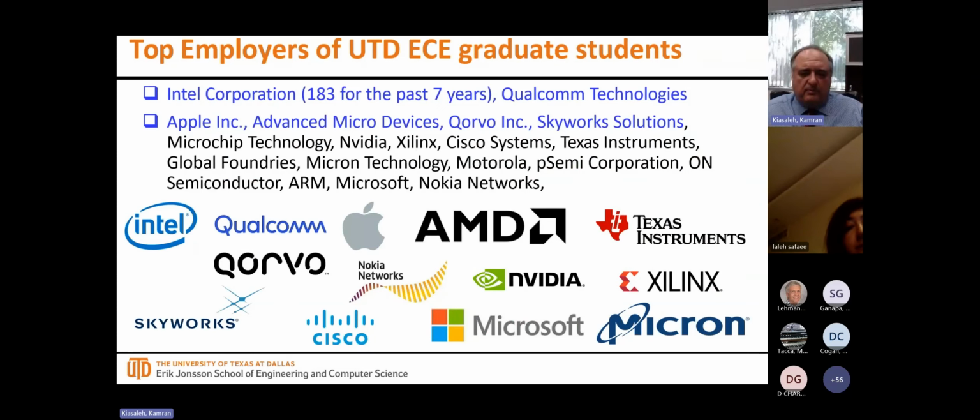Texas Instruments is one of the biggest employers here. I have almost 3 of my PhD students at Qualcomm now. So we are not necessarily graduating people who find jobs locally, but they find jobs everywhere in the country.